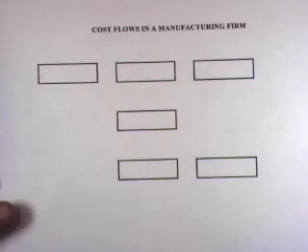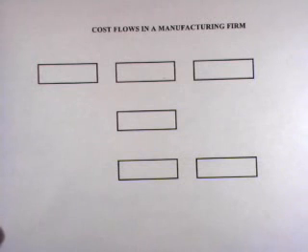We usually use the manufacturing firm as our example because it's the most complex scenario that covers the most cost concepts, and then it's relatively easy to simplify the manufacturing setting into a retail setting where there's going to be less complexity in the costing system.